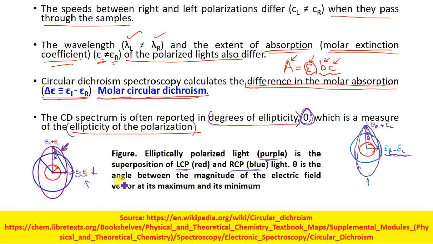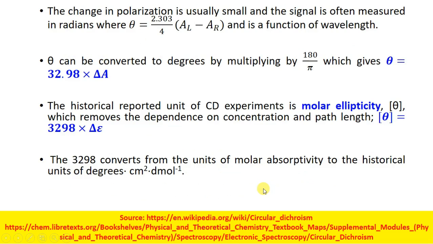Theta is the angle between the magnitude of the electric field vector at its maximum and its minimum. The change in the polarization is usually small and the signal is often measured in radians, where theta is equal to 2.303 by 4 times AL minus AR, and it is a function of the wavelength. That's why we have seen that we use monochromatic light.